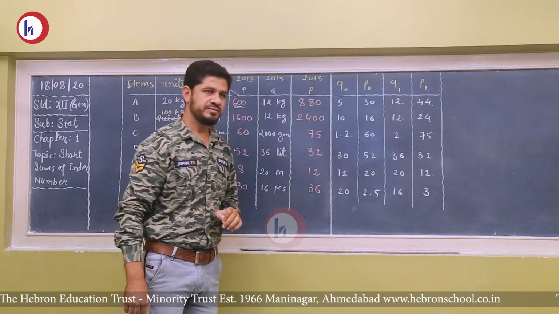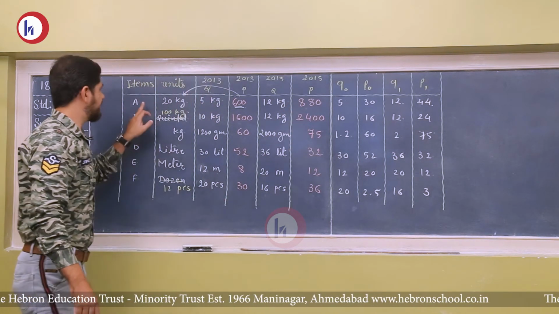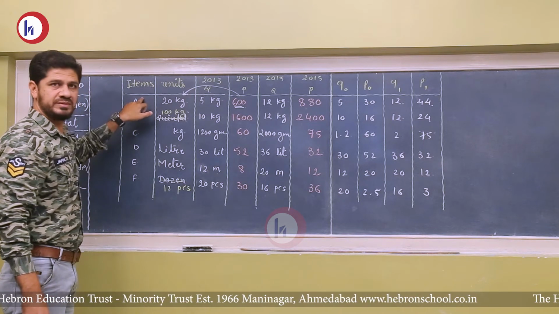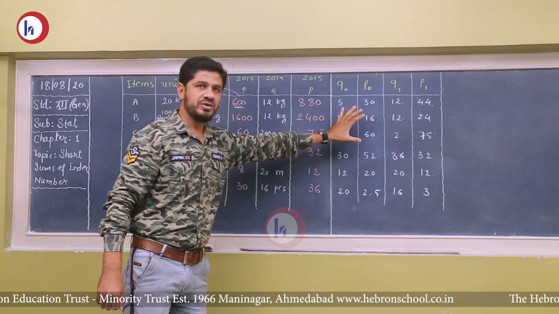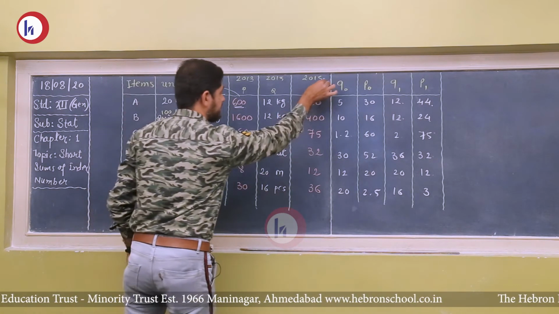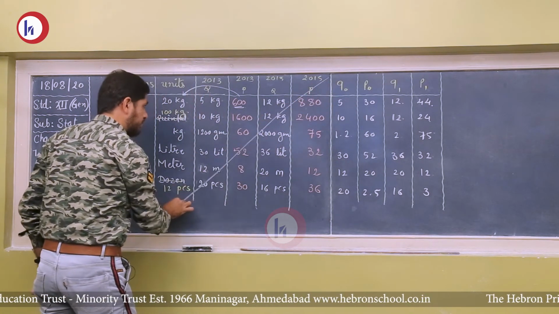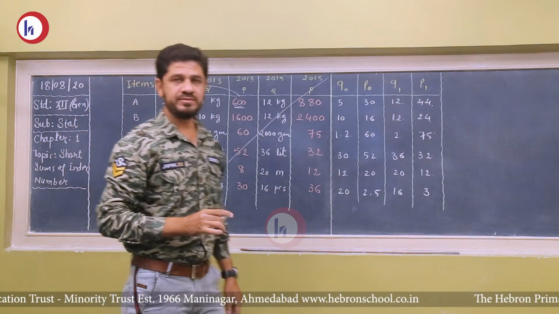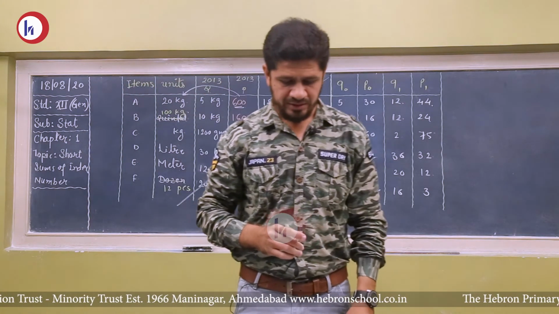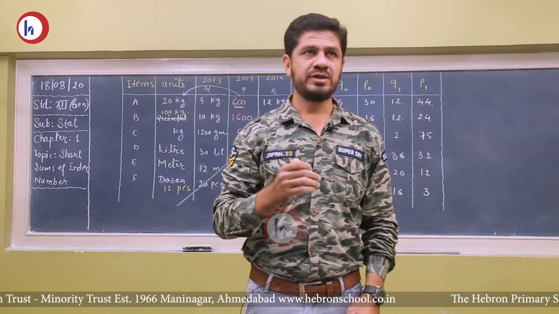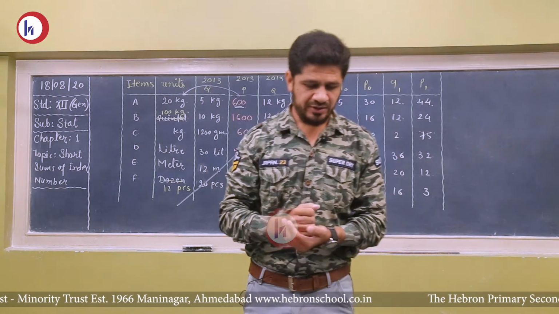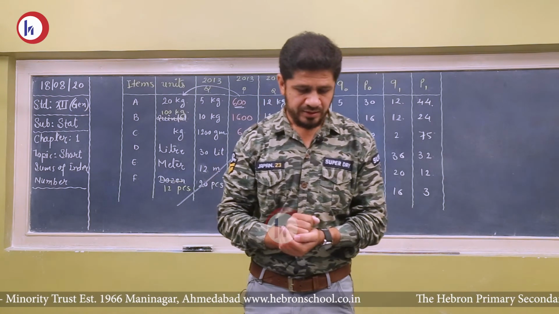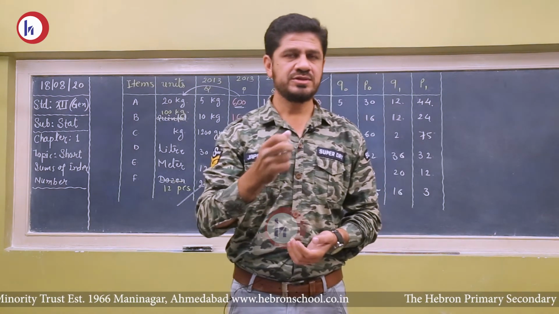In examination, we will make the item column and the direct rectified values. So this column we need not write in examination. So now it is your turn to solve the sum.